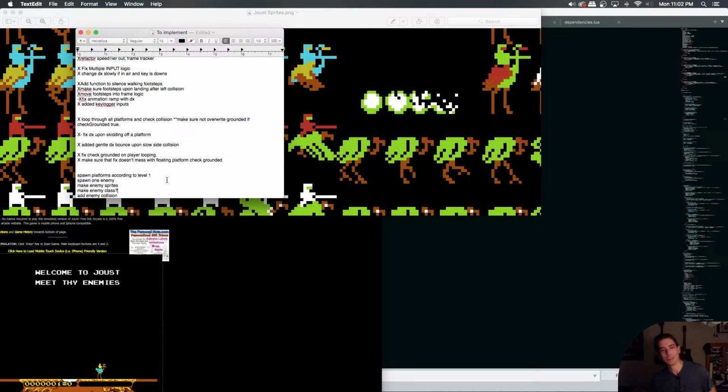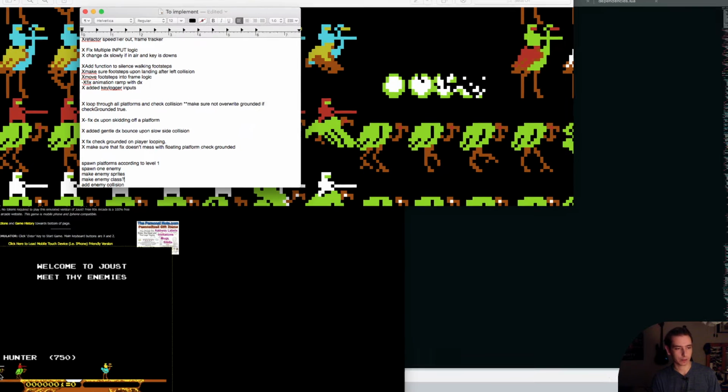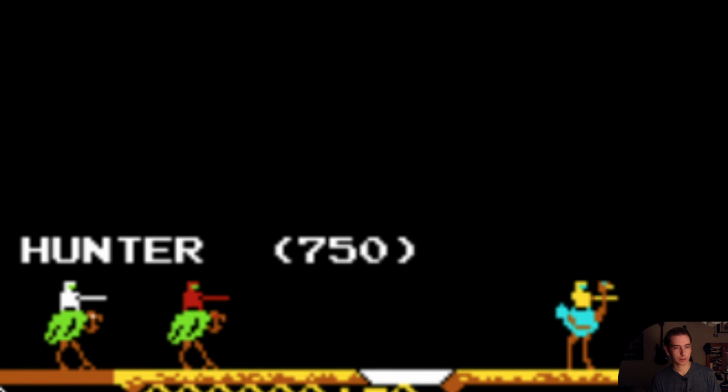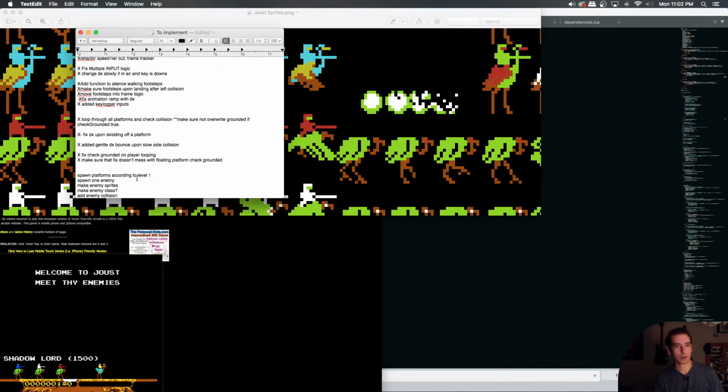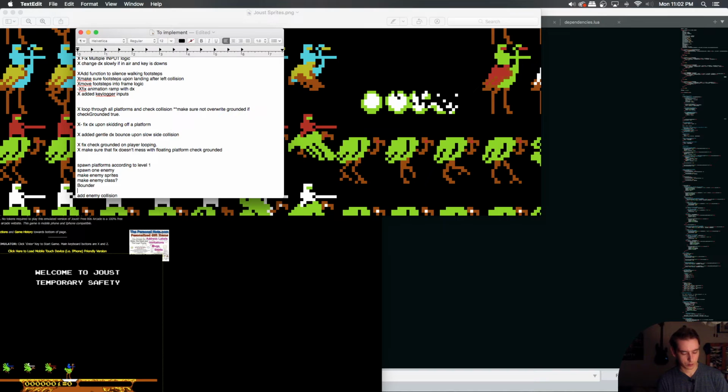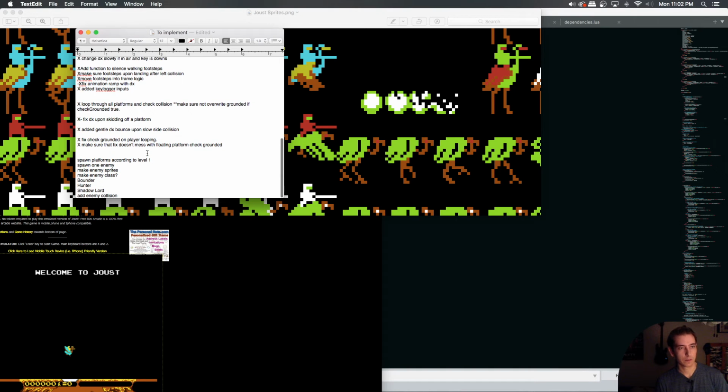It's hard to say. We'll probably need to make Bounder class like this, Hunter class. Bounder, Hunter, Shadow Lord classes, because they have not only different AI but different sprites and different egg points.